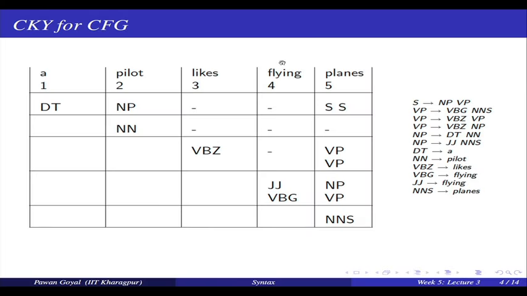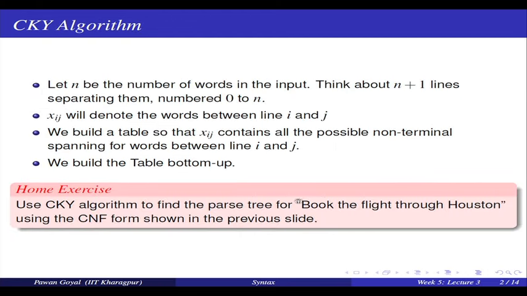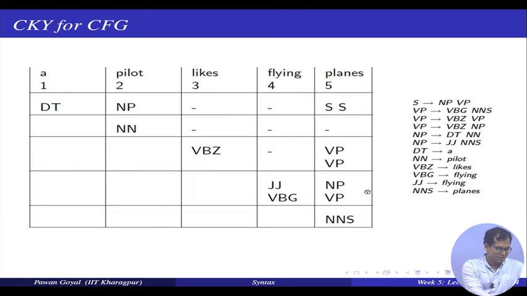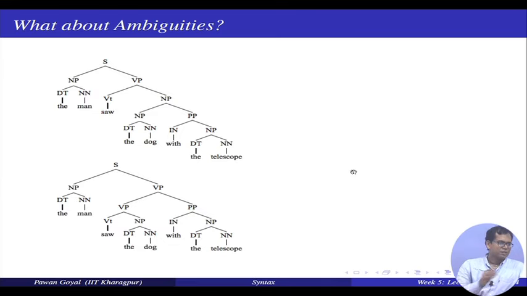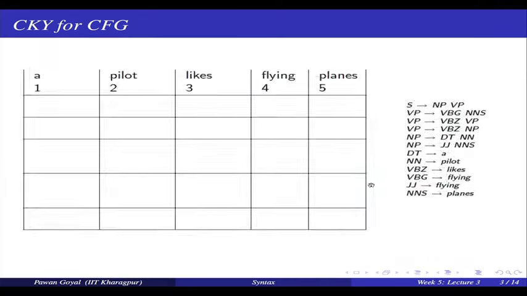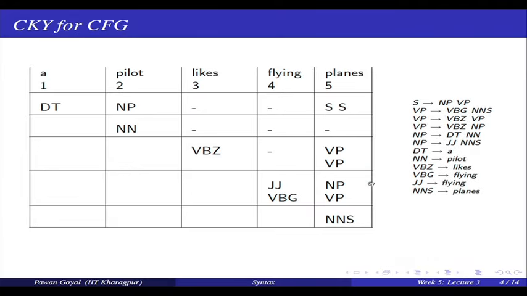Now, once you know this, use the previous example, "book the flight through Houston", from the other grammar and try to get its parse tree. In this example, we saw there are two possibilities. Can you think of why there are two possibilities in this case? "A pilot likes flying planes."